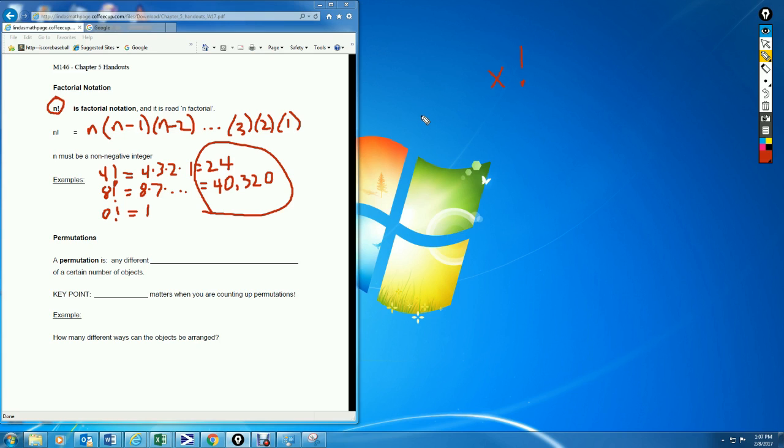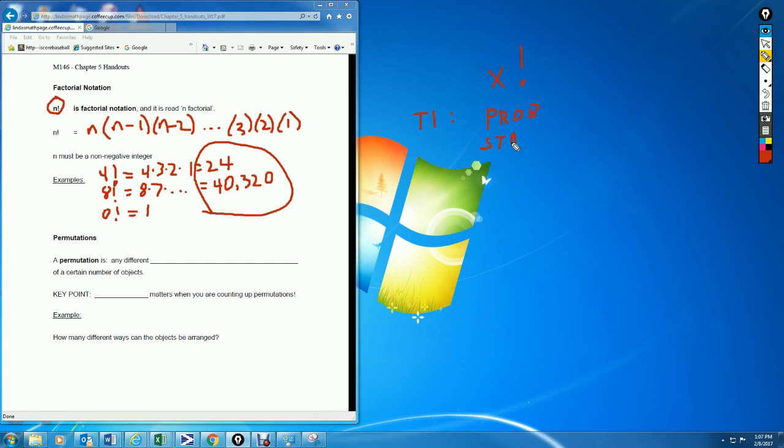For some of you that have certain TI models, you may have to go into a menu, so your button may be labeled prob or stat.